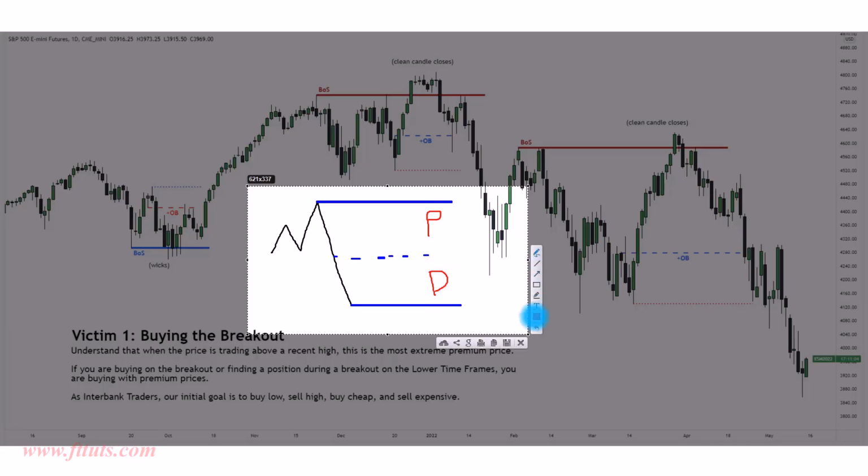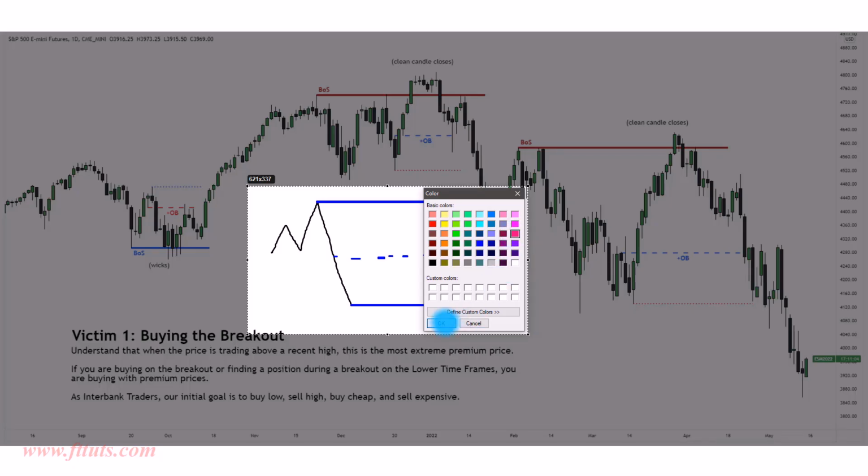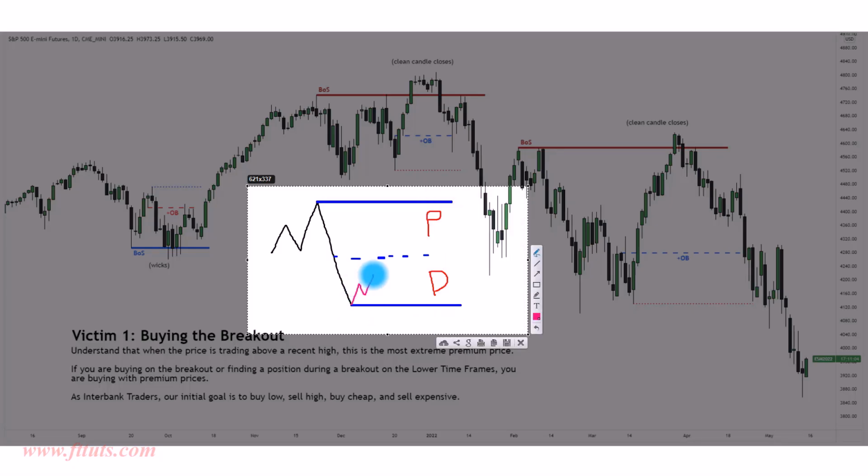But once price starts breaching above into premium and it doesn't stop, it goes for the high here, that's what we consider very extreme prices, because that's where retail traders start buying at a premium price because they're chasing it now.